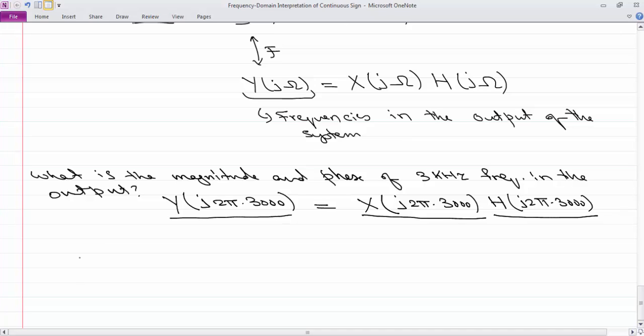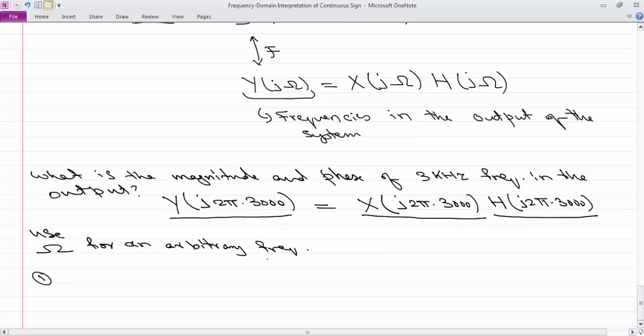Instead of using a specific value of frequency, I'm going to use omega, a variable for an arbitrary frequency. So here are the lessons that we can draw.